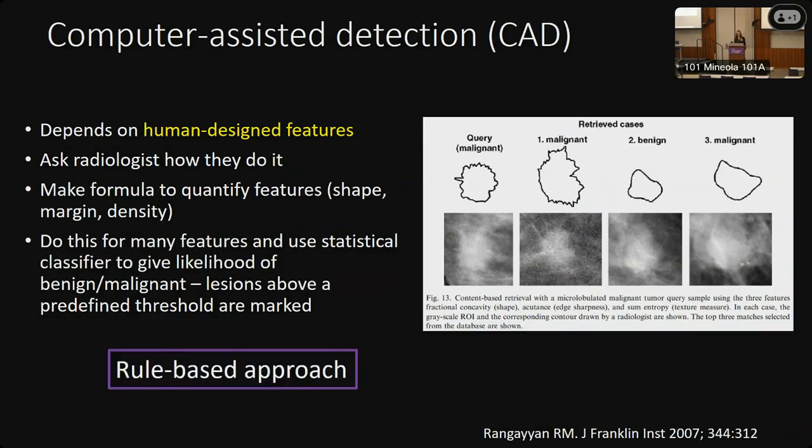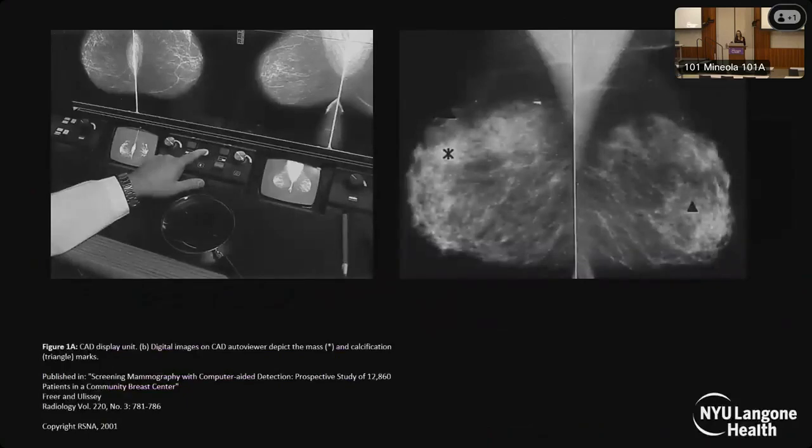And then using these rules, it would put markers on your mammogram, like a little star or triangle. And to be honest, this didn't work. It didn't find more cancers, and it didn't decrease recall rate. So it doesn't work at all.